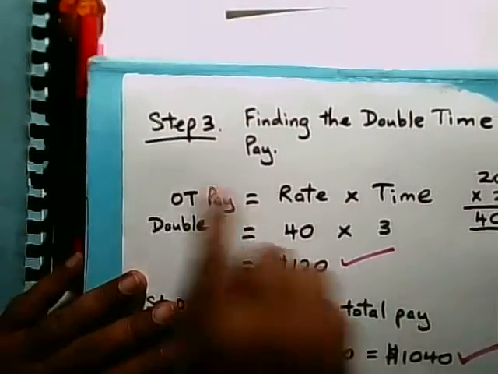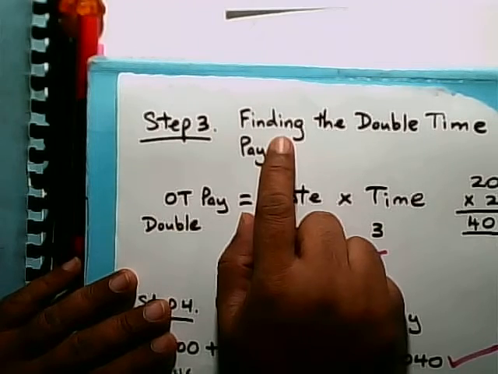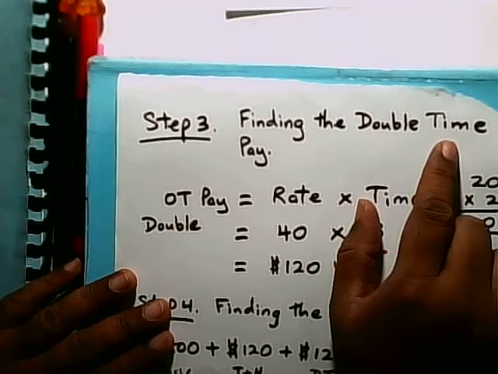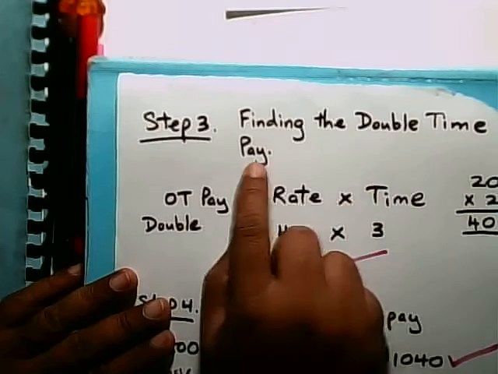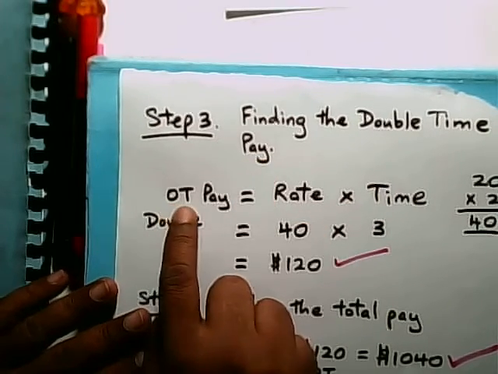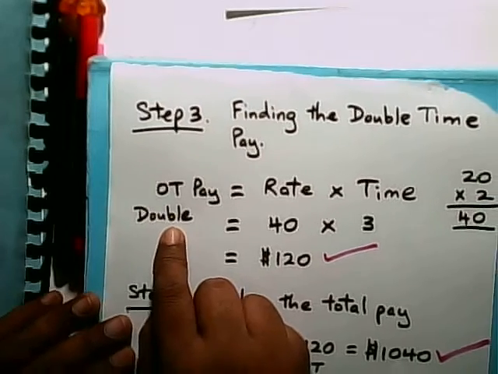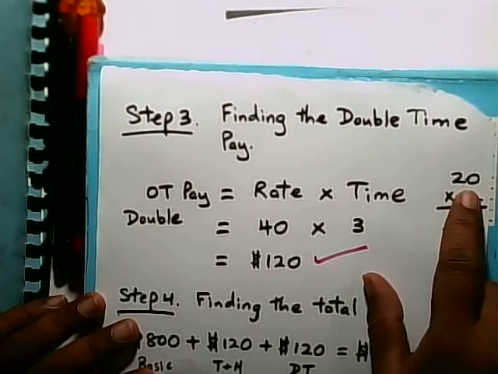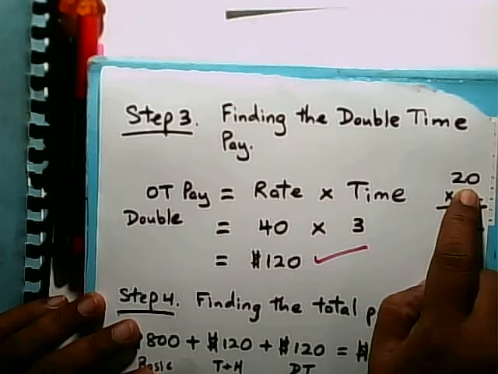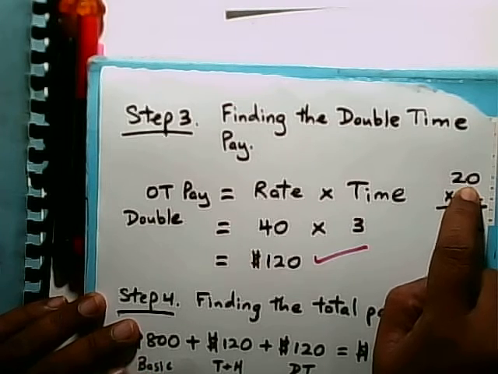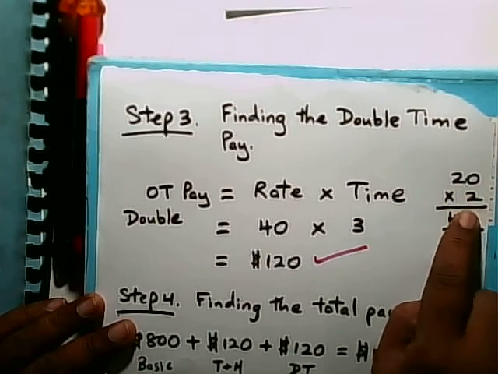Now remember, he then worked 3 hours again. Here it is, step 3. That 3 hours, he got paid double time for it. So we are now finding out the double time pay. He normally would get only $20 an hour, but if he's getting paid double, it'll be 20 times 2.